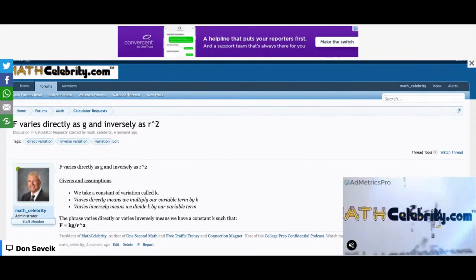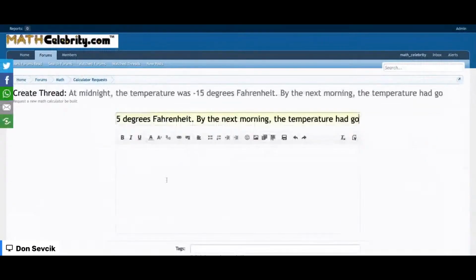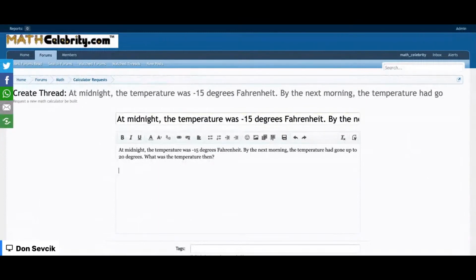Good old temperature. One of these days, I'm going to build a shortcut for these. Midnight, the temperature was negative 15 degrees Fahrenheit. By the next morning, the temperature had gone up to 20 degrees. What was the temperature then? I actually looked this problem up online because it was confusing me. If it had gone up to 20 degrees, then that's your answer.